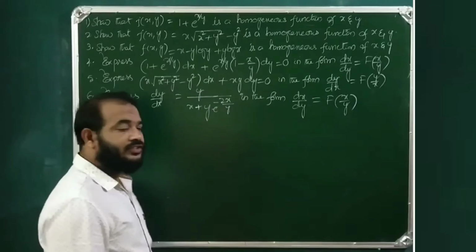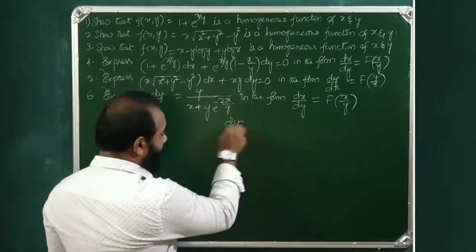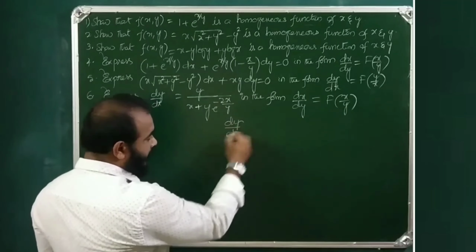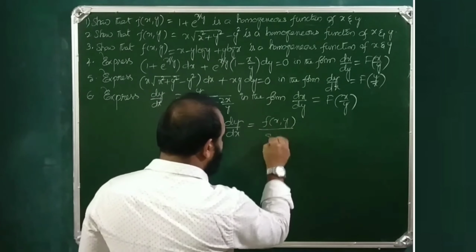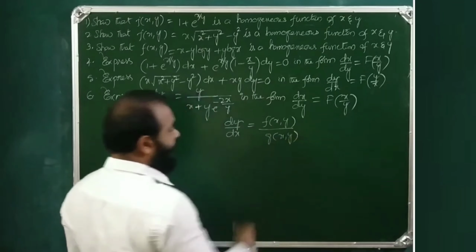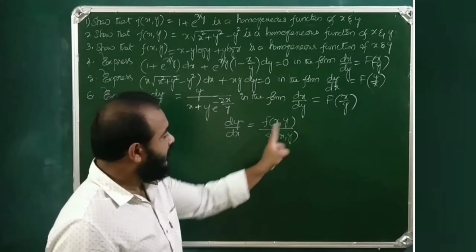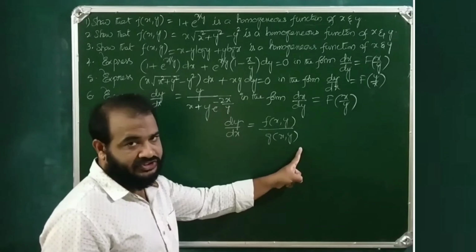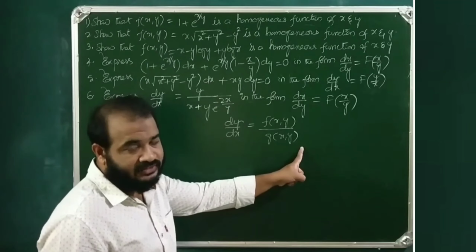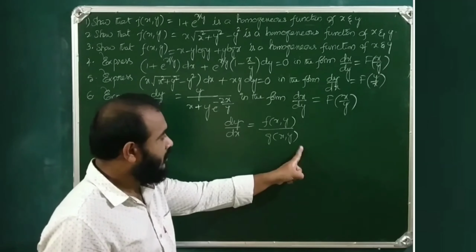And what is a homogeneous differential equation? If dy by dx equals f of x, y by g of x, y, where f of x, y and g of x, y both are homogeneous functions. We have discussed homogeneous functions before.